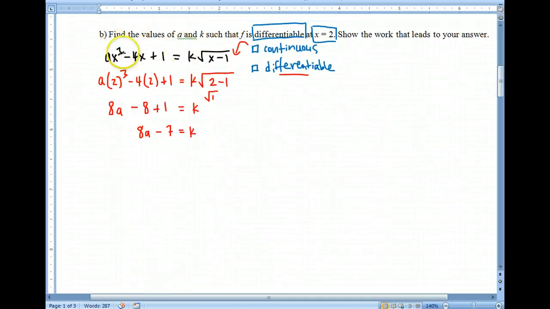What's the derivative of this? 3a x squared minus 4. And I want that equal to the derivative of this.